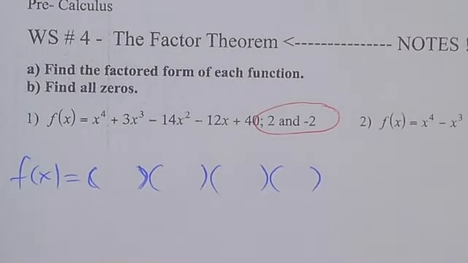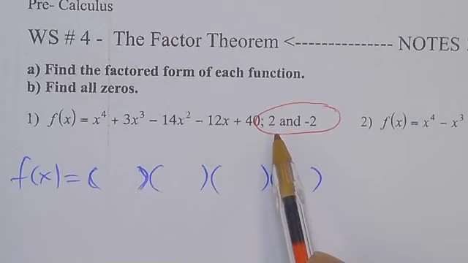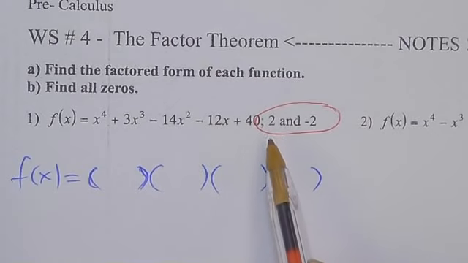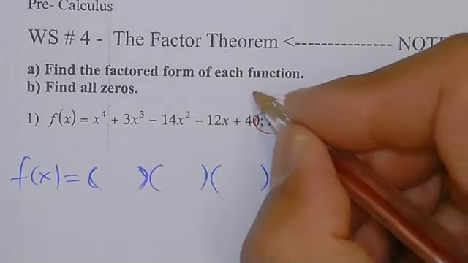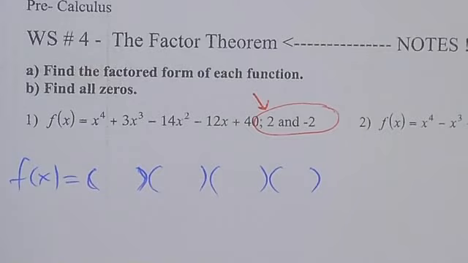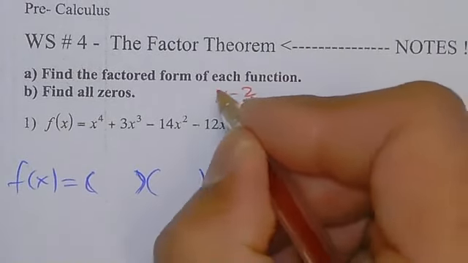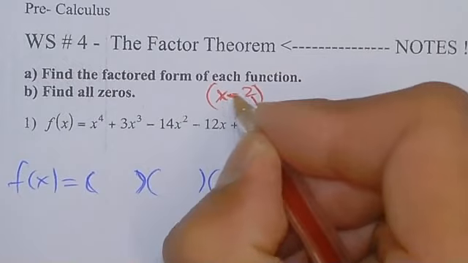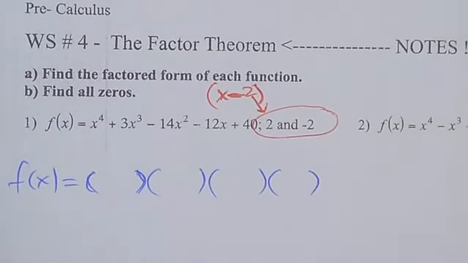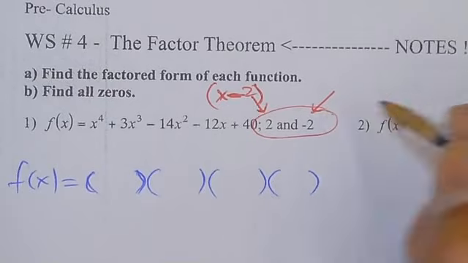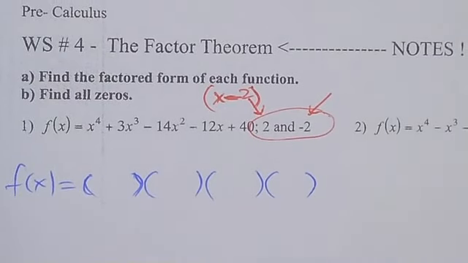But what's given? What's this right here that's given, guys? 2 zeros. Now these are zeros, but aren't they like factors in disguise? If 2 is a 0, what is a factor? X minus 2, right? Isn't that the parentheses for the factor? For the positive 2, it's x minus 2.